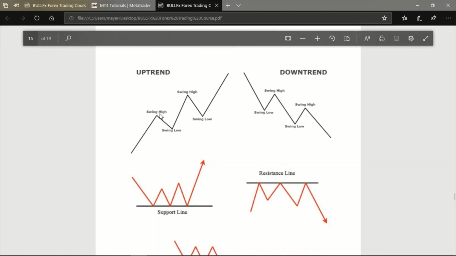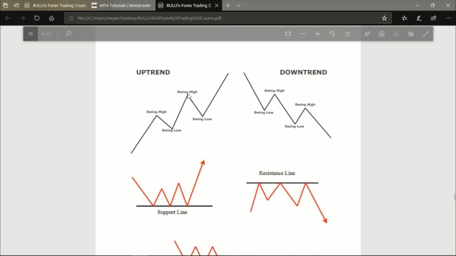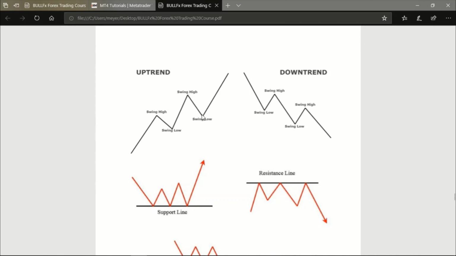The market then pulls down slightly to form a swing low, then moves up higher past this previous swing high to form a new swing high, moves down slightly, forms a swing low, right? And then the market once more continues upwards to form another leg to the top as a swing high.